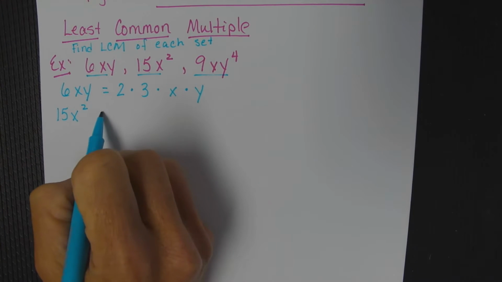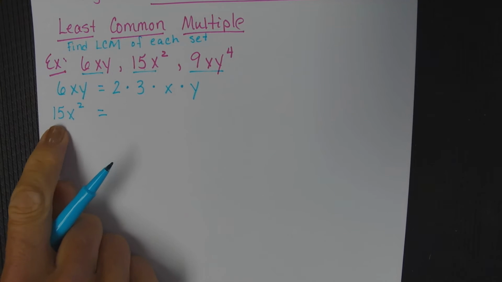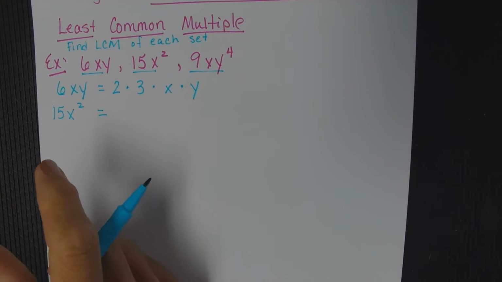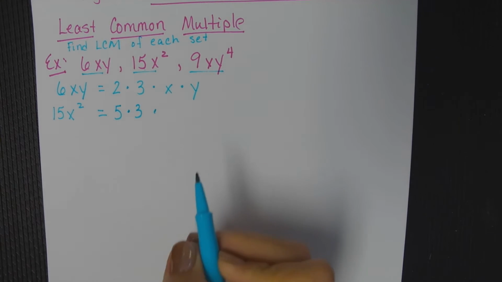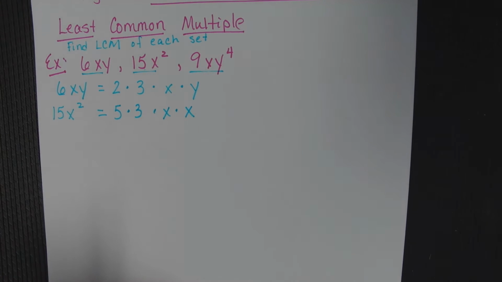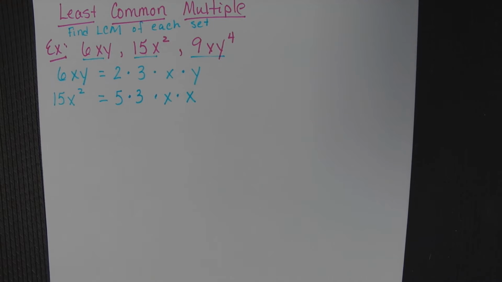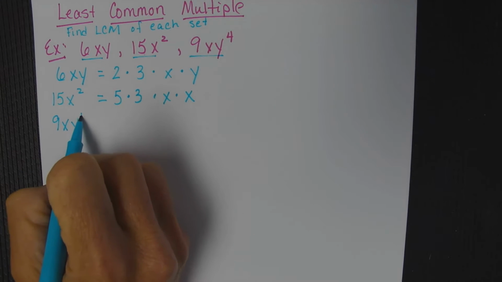Okay, so let's do the next one. 15x squared. You want to break that down into the prime factorization. Take 15: 5 times 3. Good. Excellent. 5 times 3 times x times x. You got it. So far, so good, right? All right, so the last term is 9xy to the fourth.